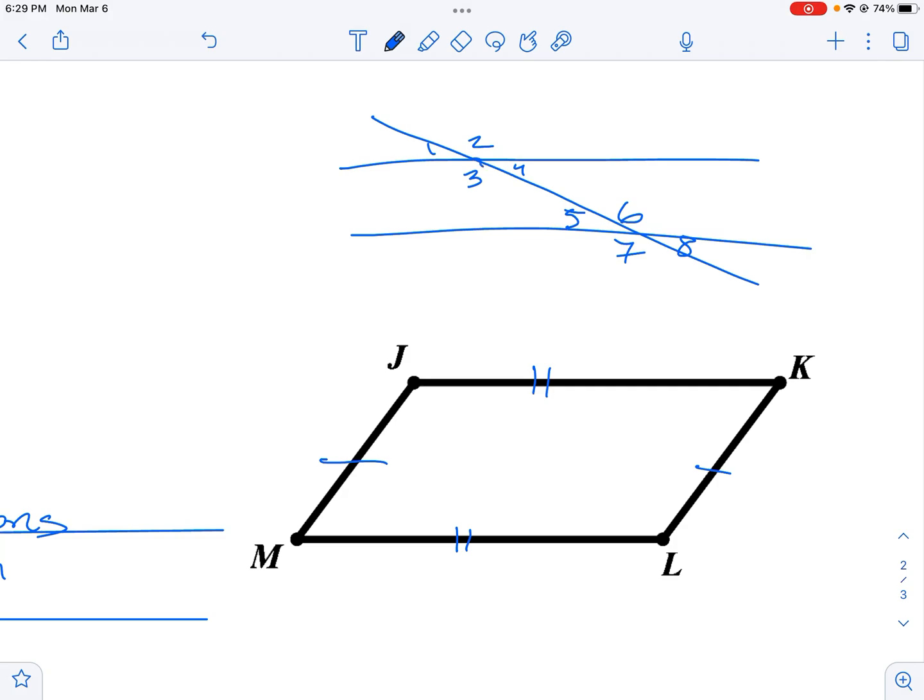So you can prove same side interior angles are supplementary. You can prove alternate interior angles are congruent. You can prove that alternate exterior angles are congruent. You can prove that corresponding angles are congruent. Any of those options are going to work.